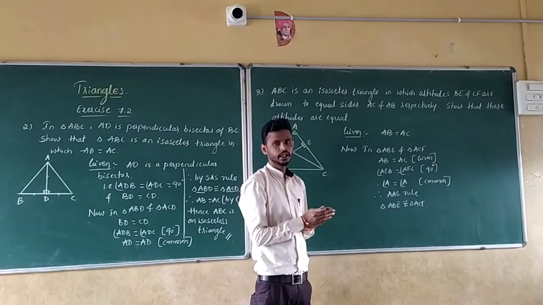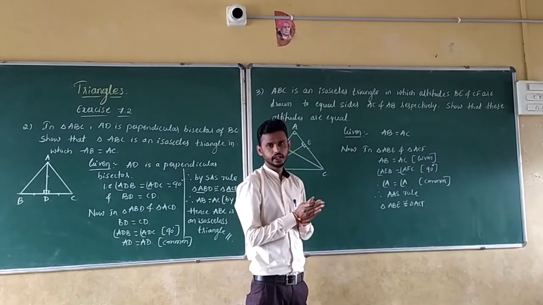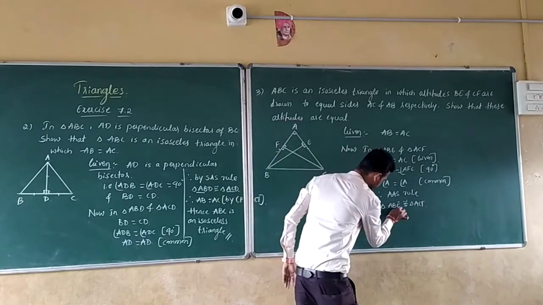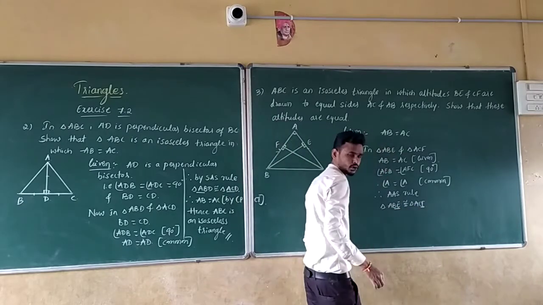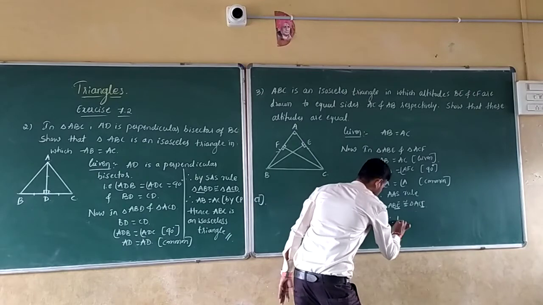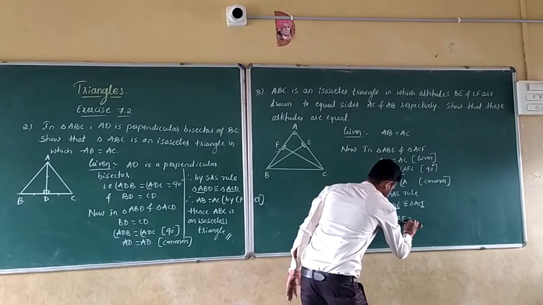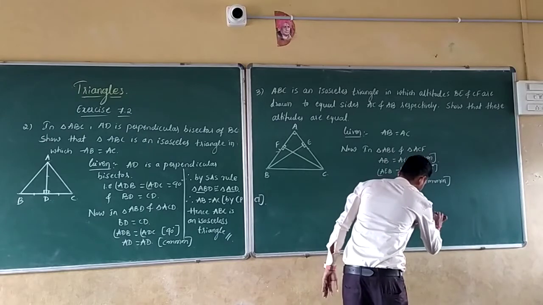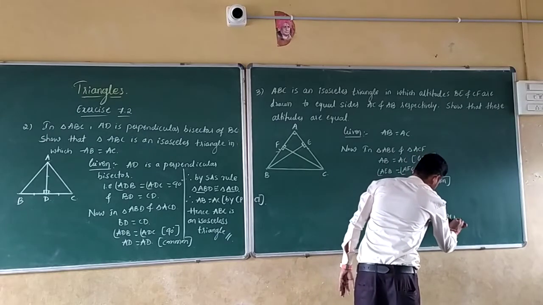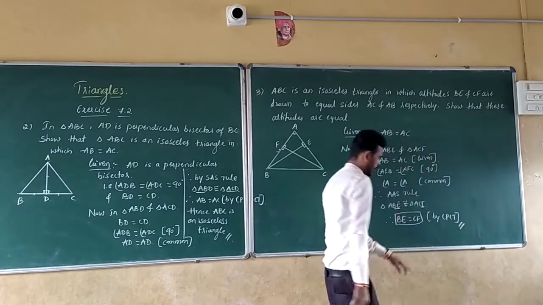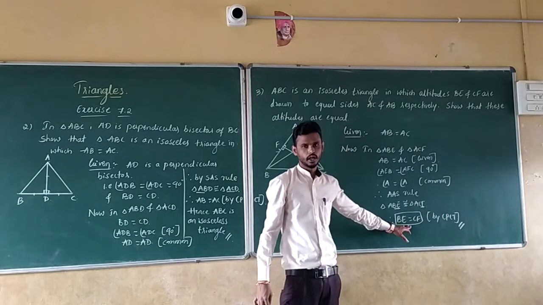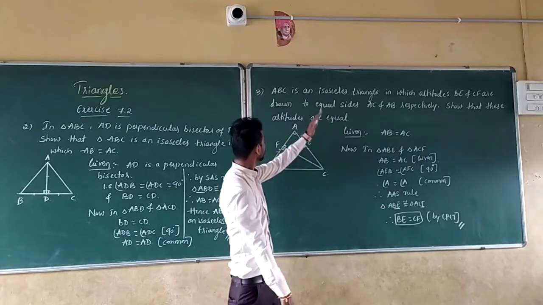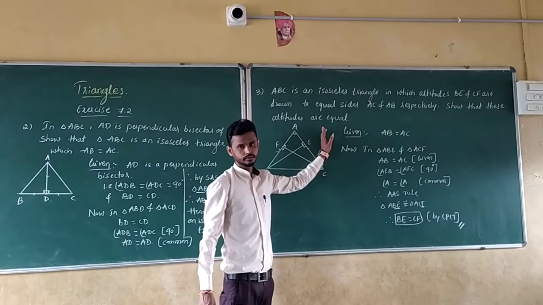If two triangles are congruent, then the corresponding sides are equal. So we can write BE equals CM. Therefore, BE is equal to CM, by CPCT. So the altitudes are equal. This is about the third question.